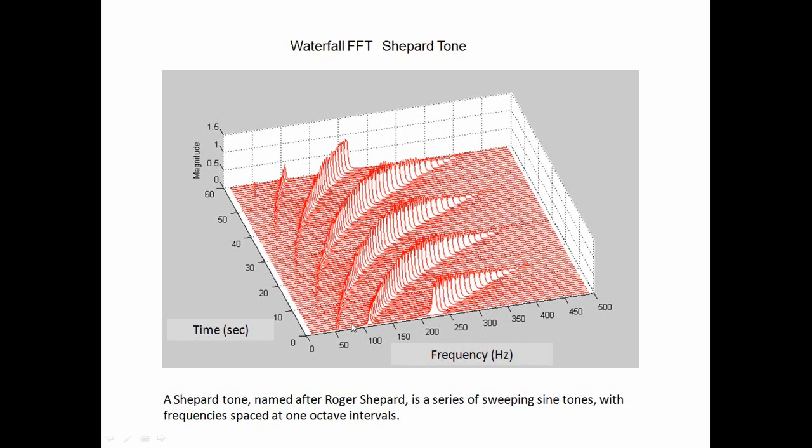So you can see that each of these frequencies is rising, and when each of the tones reaches 400 hertz, it starts back up again at the low frequency. So we can produce this continuous series of upward sweeping tones, and that's somewhat the musical analogy of that Escher print that we saw earlier. People like to play around with those.